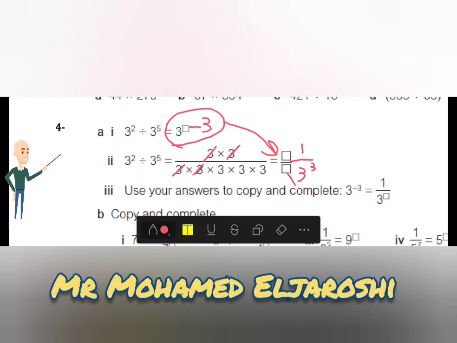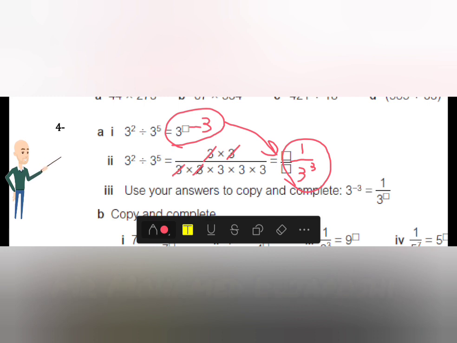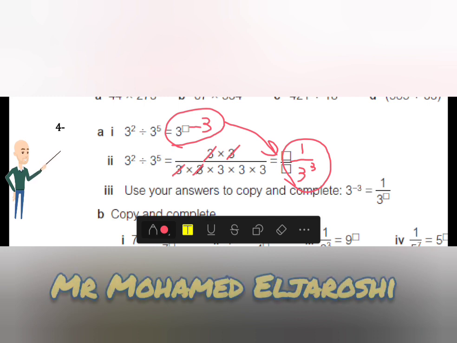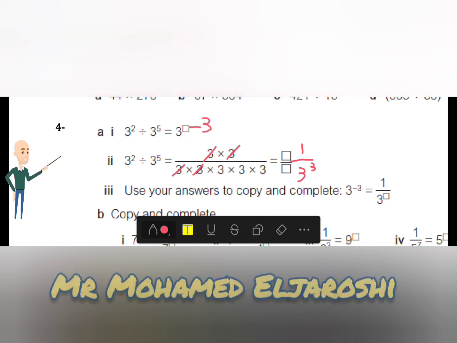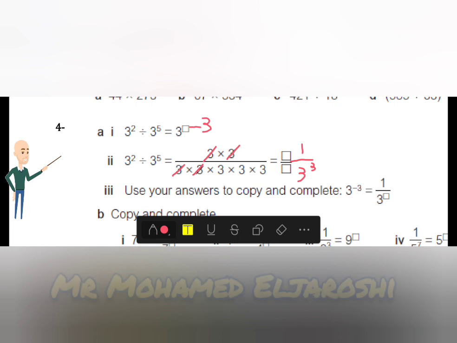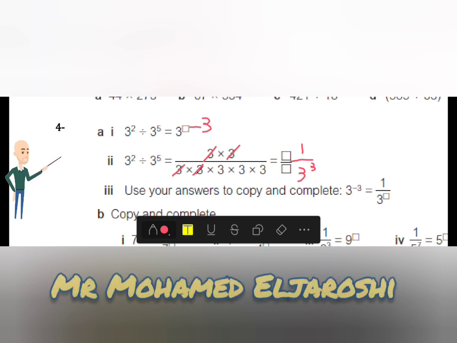So equals 1 on top or divided by 3 power of 3. This means what? It means if you have a negative power, it means that you always have a 1 on the numerator divided by the same number or the same base number with a power without the negative.